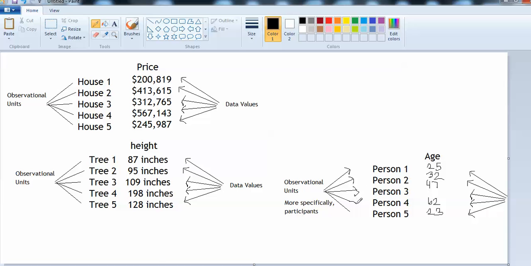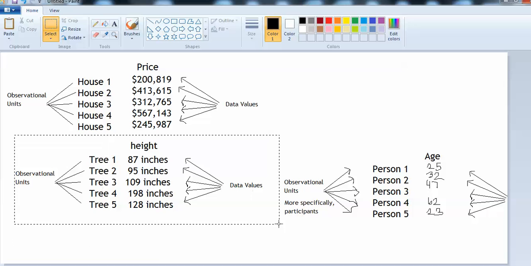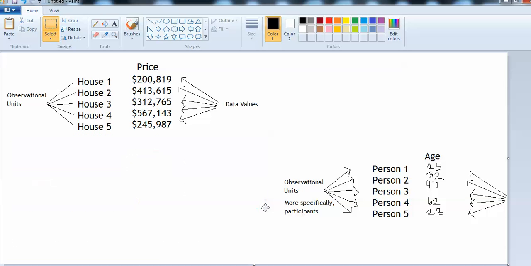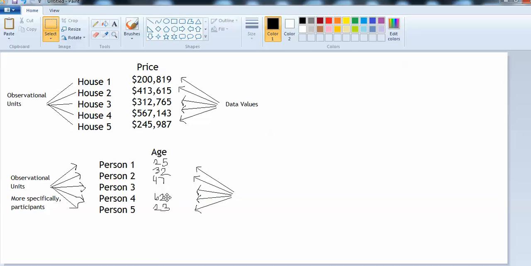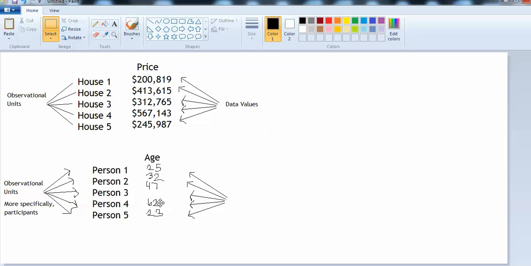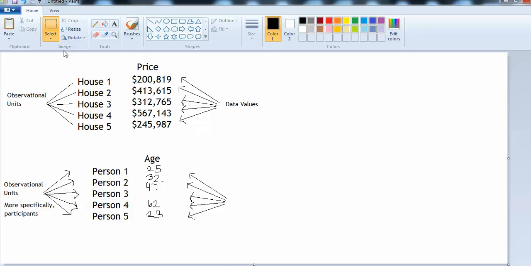Now let's talk about what a variable means. So first I'm going to erase this example, since I don't think I'll be using it anymore, and I'll move this over here. This would have said data values, but it got cut off.